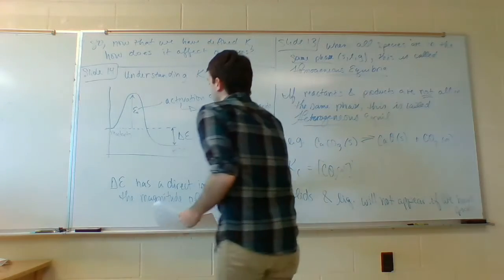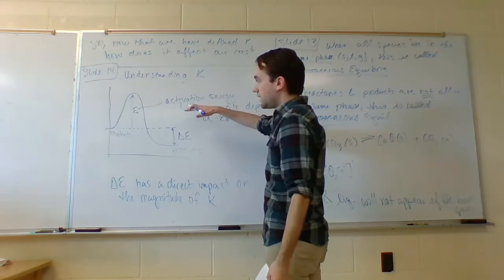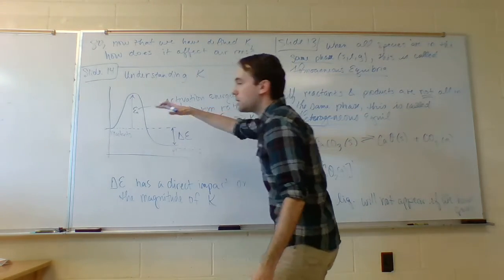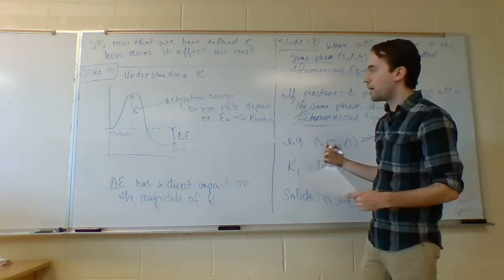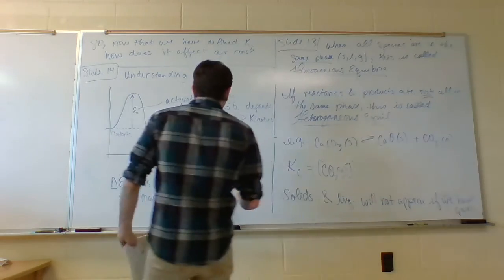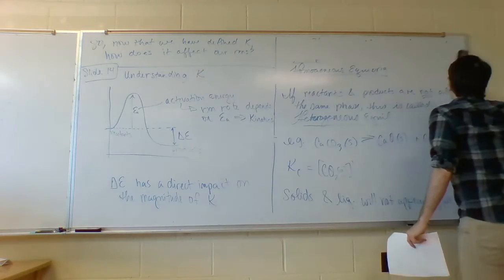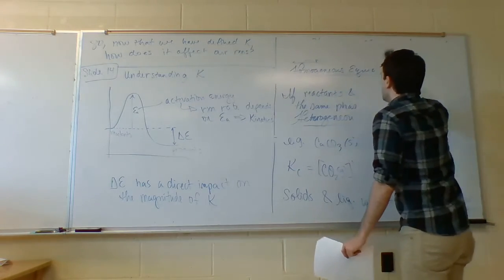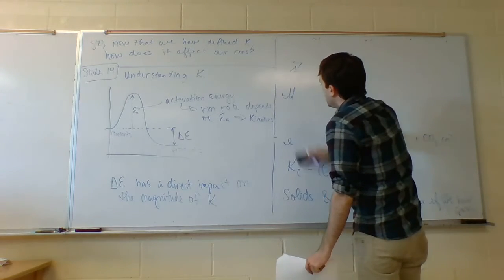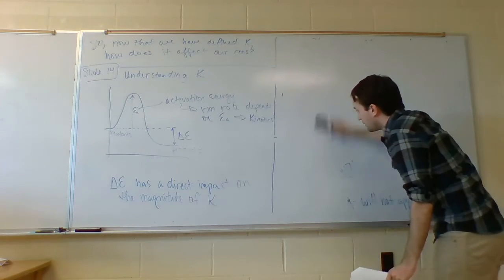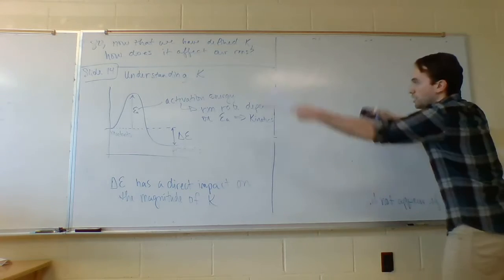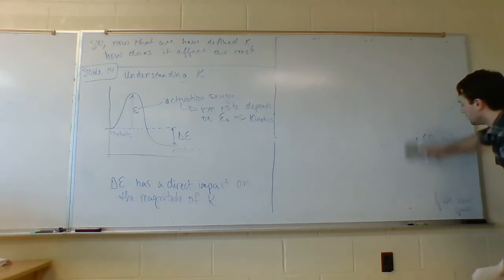Now, the more stable, the greater our delta E, the more likely a reaction will favor the products. If, on the other hand, we had products that were high in energy, then that would mean that delta E was positive, because we had to go over the hill.